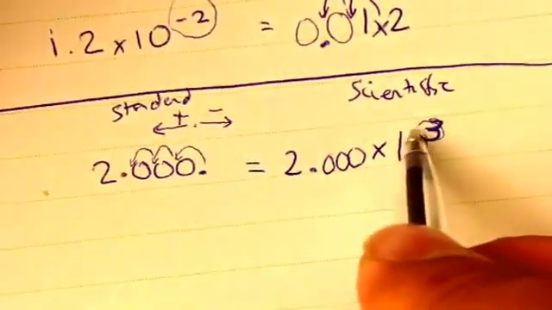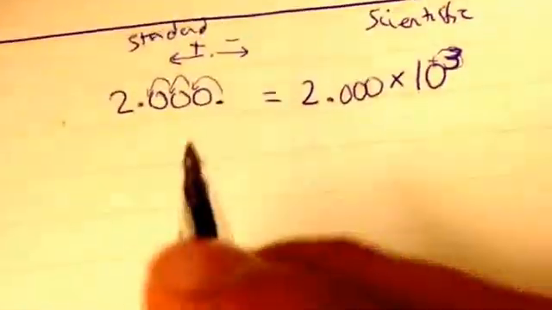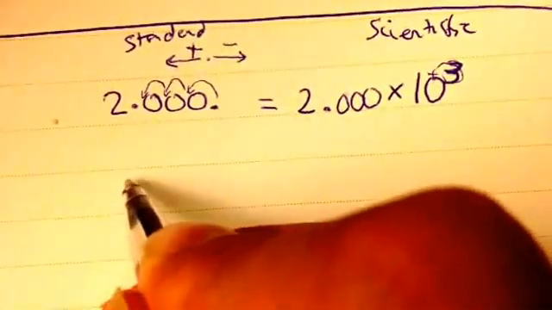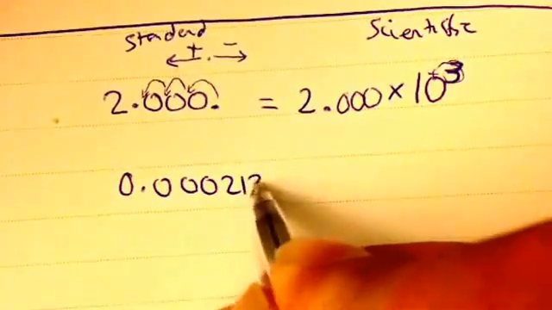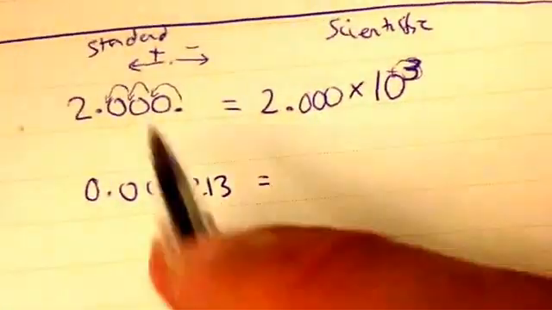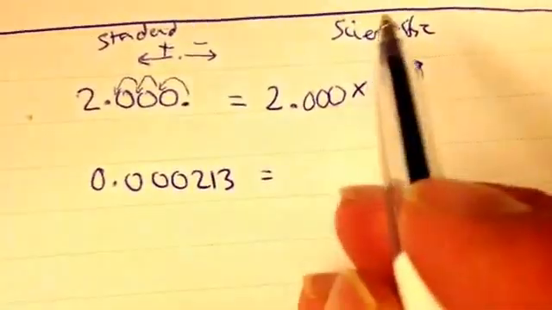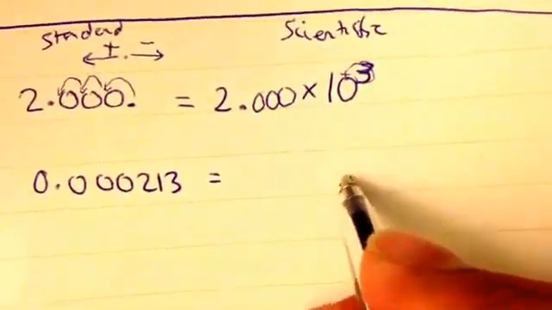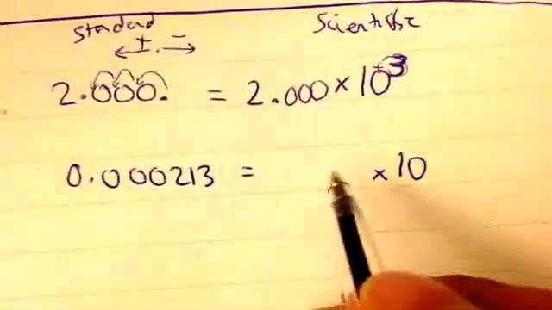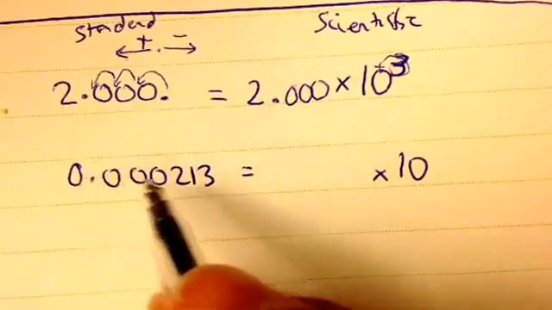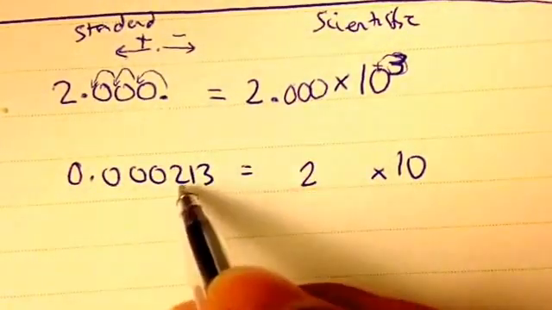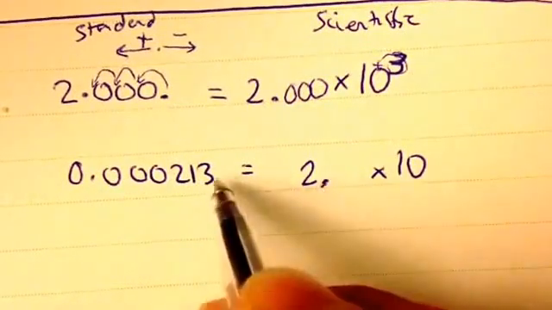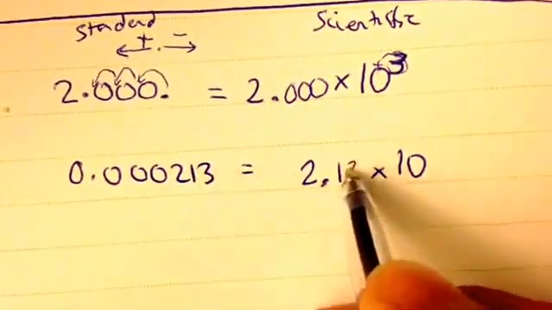You put it plus. I'll show you another example just so you can see. If it's 0.000213, and I want to put that in a scientific number, so this is a standard number. When it is a scientific number, it's going to have a times 10 there, and I'm also going to put a number here. The first number I'm going to put is the non-zero number, which is 2. Then I'm going to put a dot, and then the other numbers that come after, 1, 3.